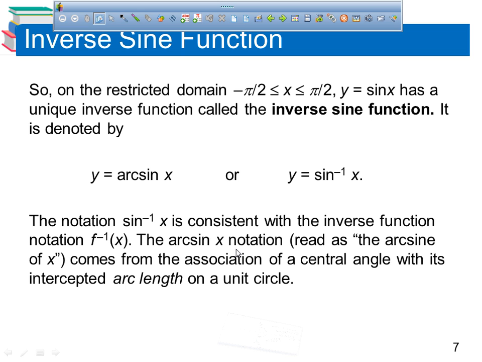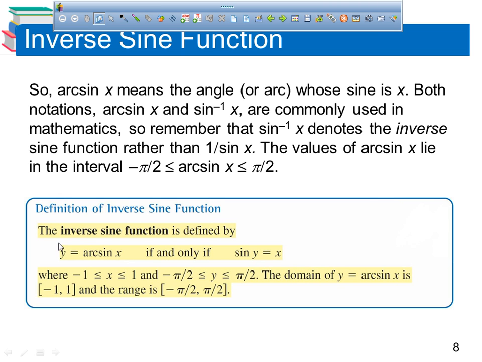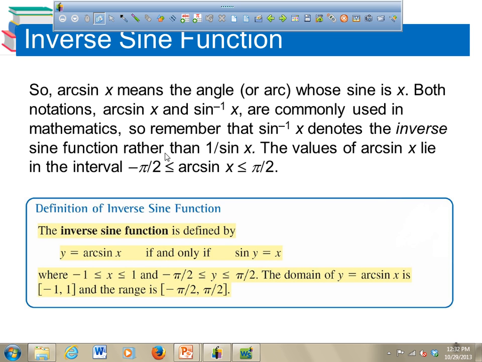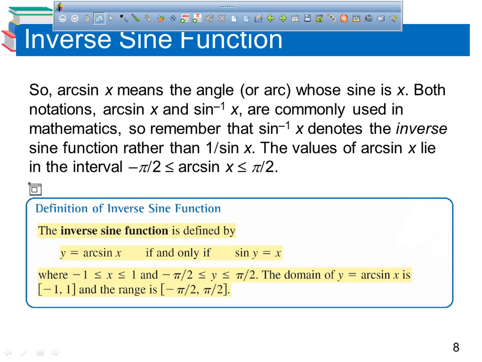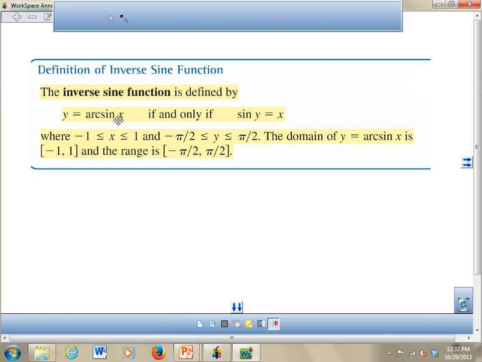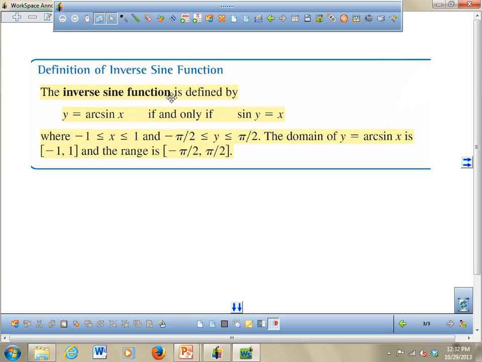So going back, I know this is lots of math talk. That's what I like to teach you. So this is what it says. I'm going to take a picture of this for those of you who want to see it. The definition of the inverse sine function: the inverse sine function is defined by y equals arc sine of x, also known as y equals inverse sine of x.